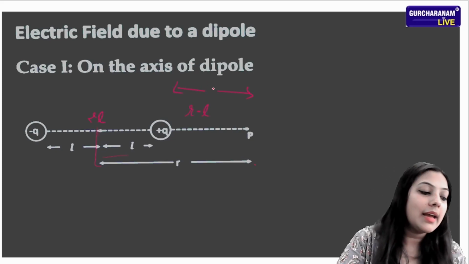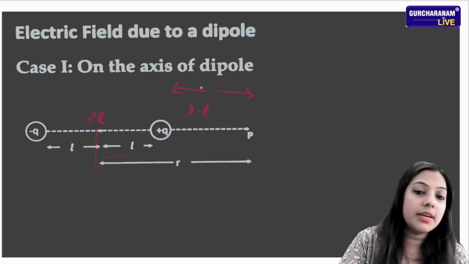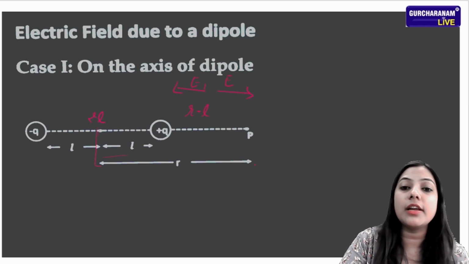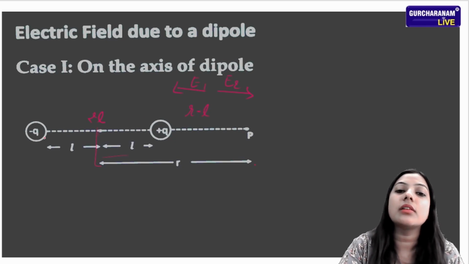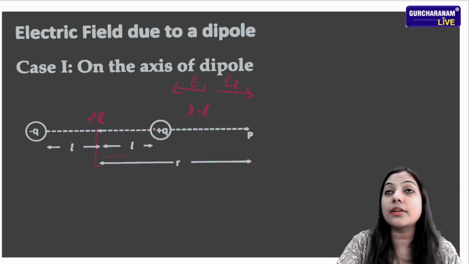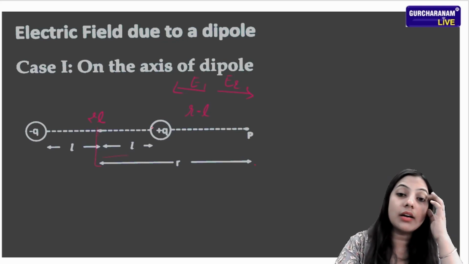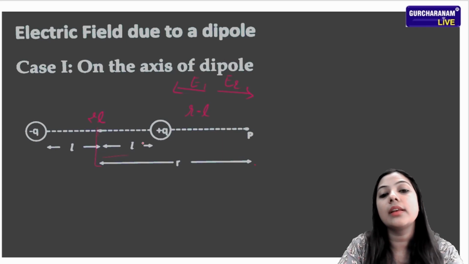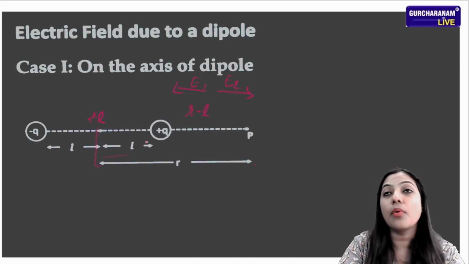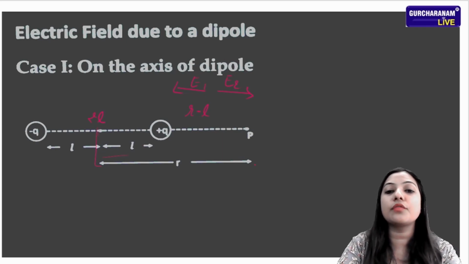Electric field E1 is on this side and electric field E2 on this side. The electric field due to the dipole is E1, and it is from negative to positive. So E2 is this electric field.